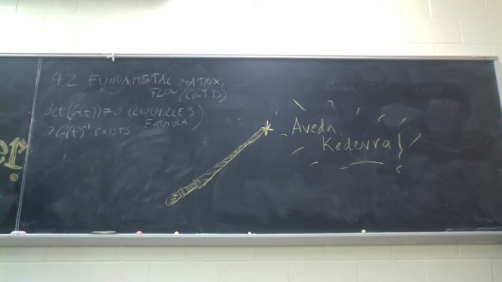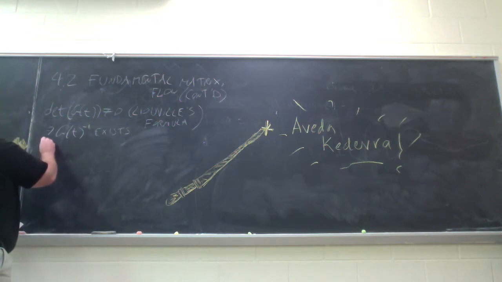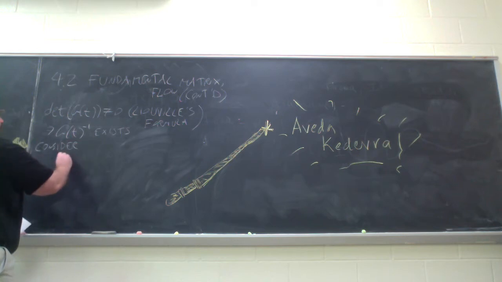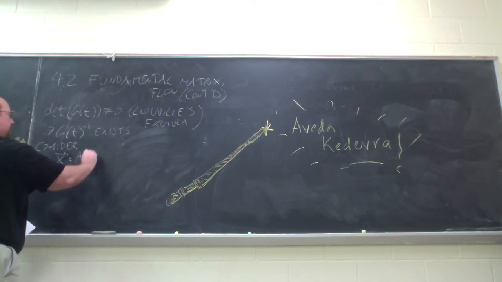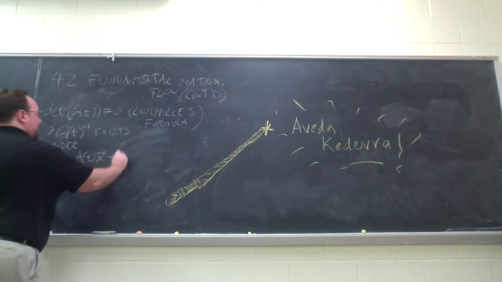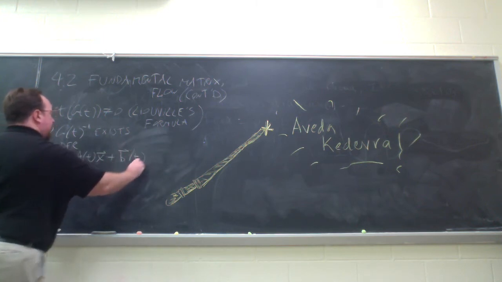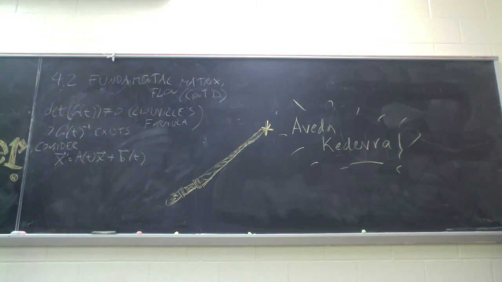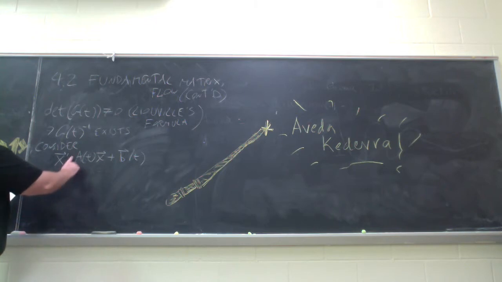So what I'm going to do is, if we look at a general non-homogeneous linear system, x prime is A(t) x plus b(t). And now that we have an inverse, actually I'm going to write this a little differently.